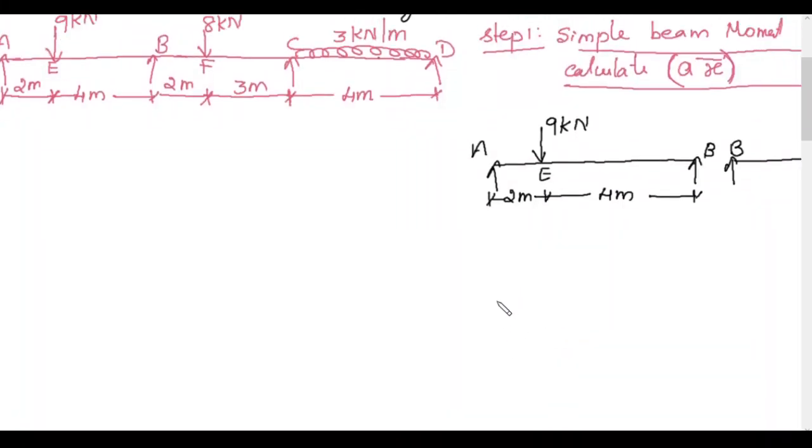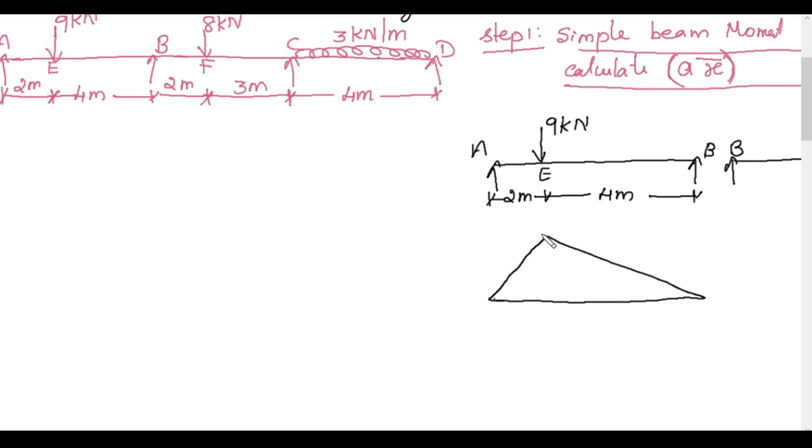At the point E we have a concentrated load, so at point E we will have the maximum moment, and the moment at A is 0 and the moment at B is 0 because they are simple supports.